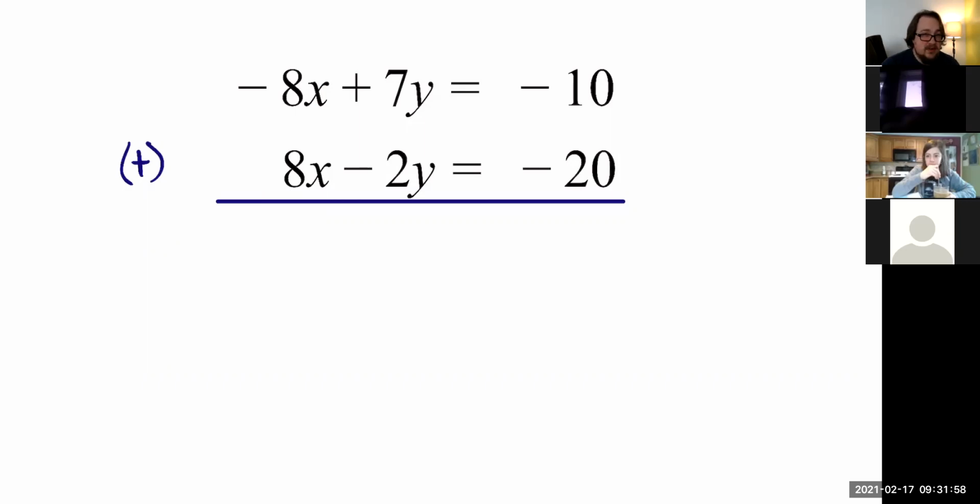But as we know with zeros, 0 times anything wipes it all out. So 0x is just gone. It's at this exact moment we see where the elimination method gets its name. -8x plus 8x causes these two terms to eliminate. They're gone. 0.